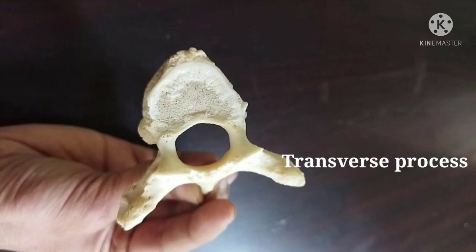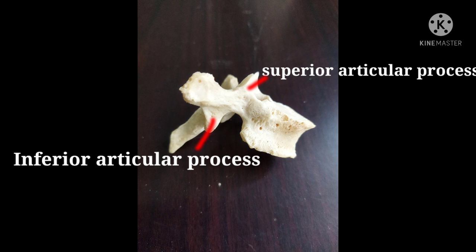The two transverse processes lie on either side at the junction of the pedicle and the lamina, and there are two paired articular processes, one on each side, the superior articular process and the inferior articular process. The superior articular process arises more from the pedicle than the lamina, the inferior from the lamina.